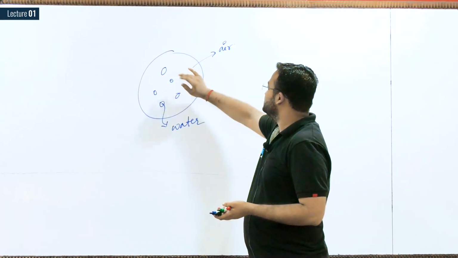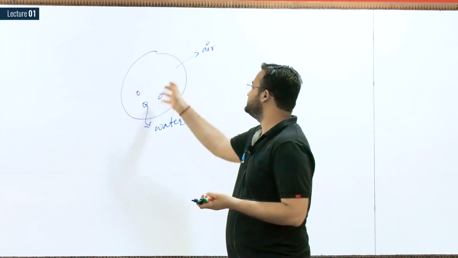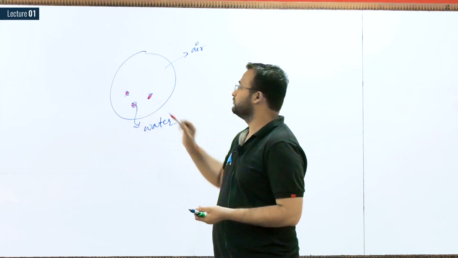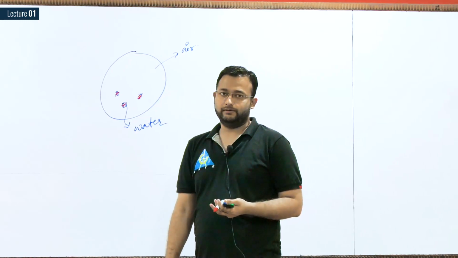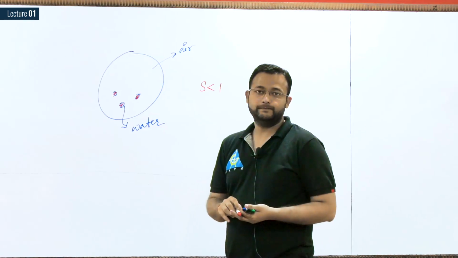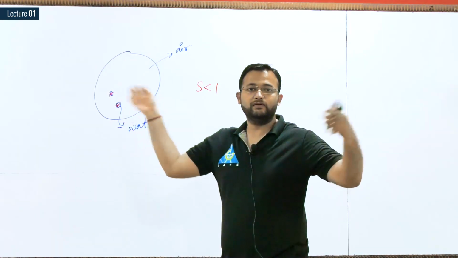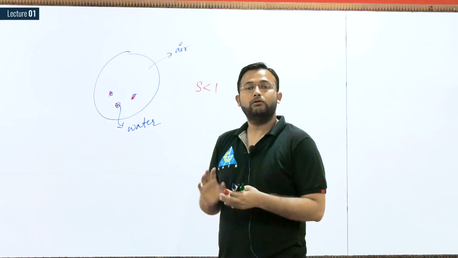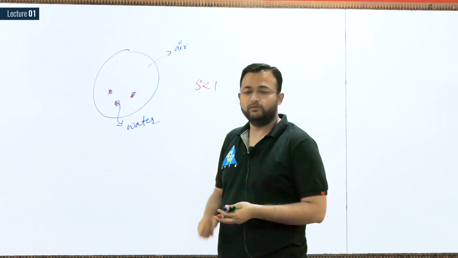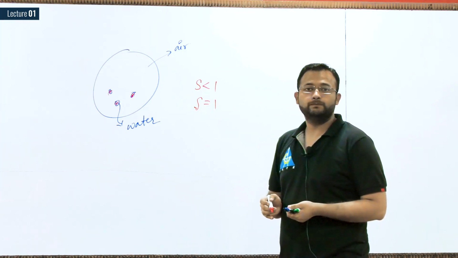Now this air is not present, here also air is not present. Now only a few voids we have, and all the voids are filled with water. Earlier air was present before compaction, so the degree of saturation was less than 1. But when I apply the load and remove the air from the soil, now only water is present in the soil, all the voids are filled with water, so I can say the degree of saturation has become 1 now.